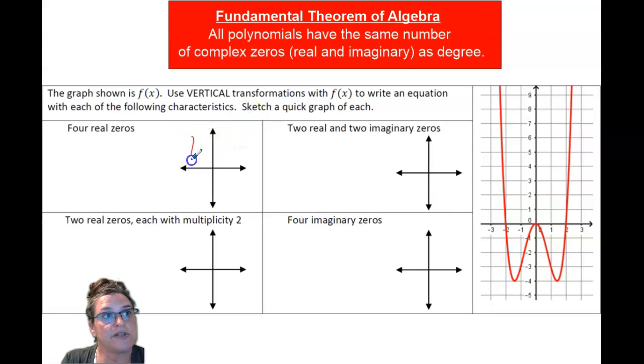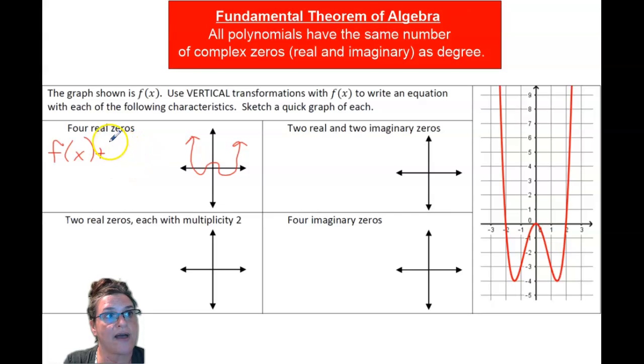So for example, if I move this polynomial up enough that now it has 1, 2, 3, 4 crosses, it would then have 4 distinct real zeros. So I would need to take my polynomial f of x and add a constant to it.